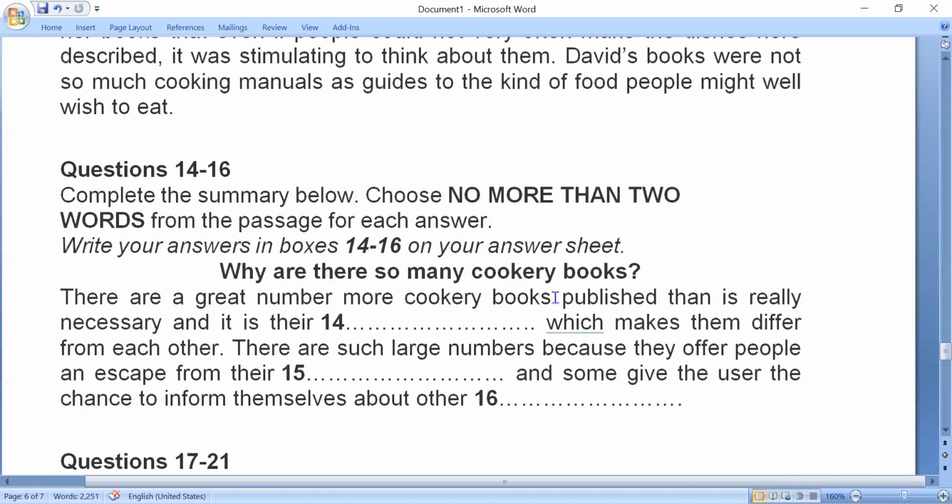We will look at the question first: there are a great number of cookery books published, more than is really necessary, and it's their gap which makes them differ from each other.